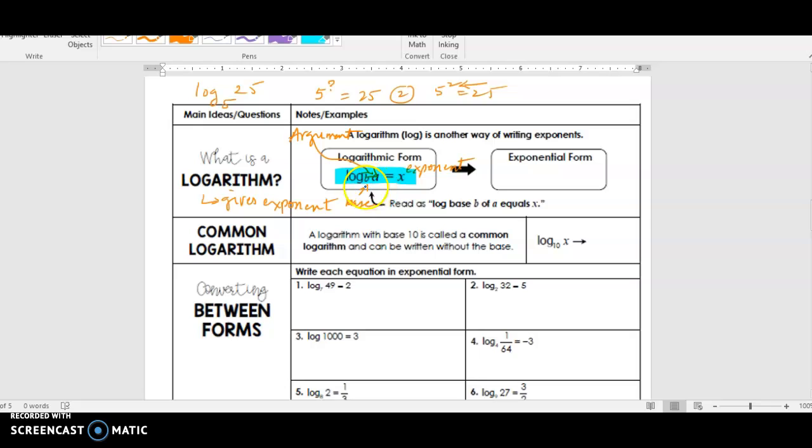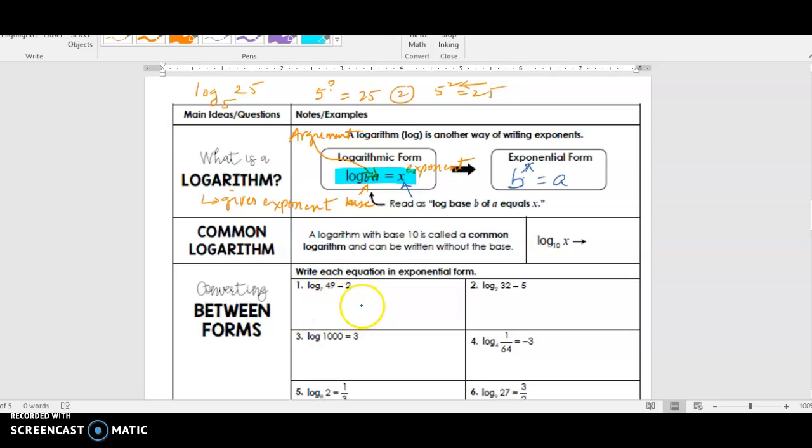You would say, b to the power of what is a? That's the question. And that what is this x, correct? So we would write x here. So in other words, the same thing in exponent form would be b to the x equal to a.